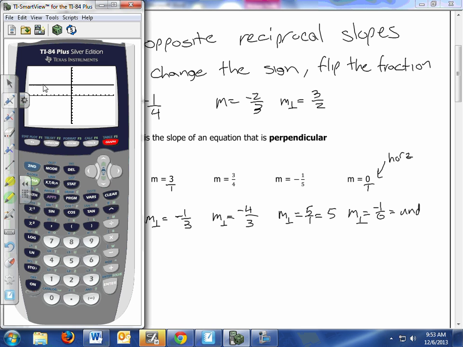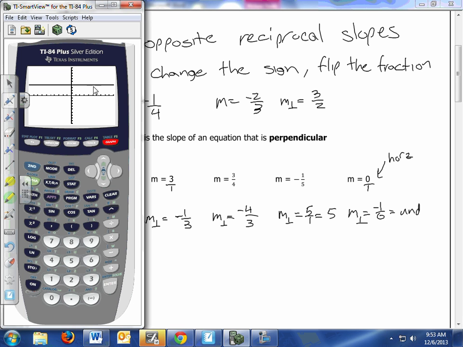What would be perpendicular to this line? Something that goes what? Yeah, it would kind of be opposite of it, so it would be what? In what directions?